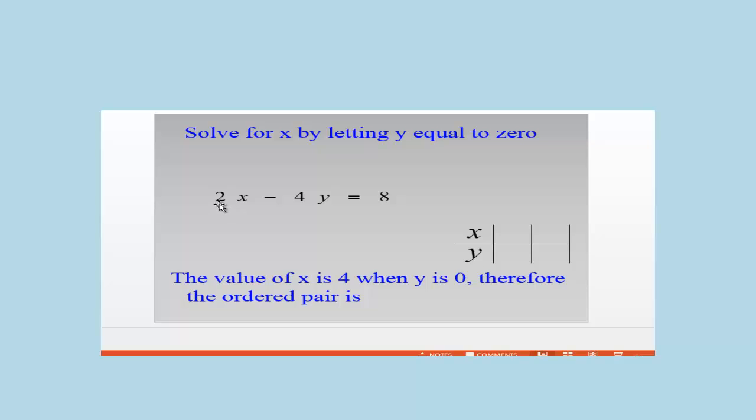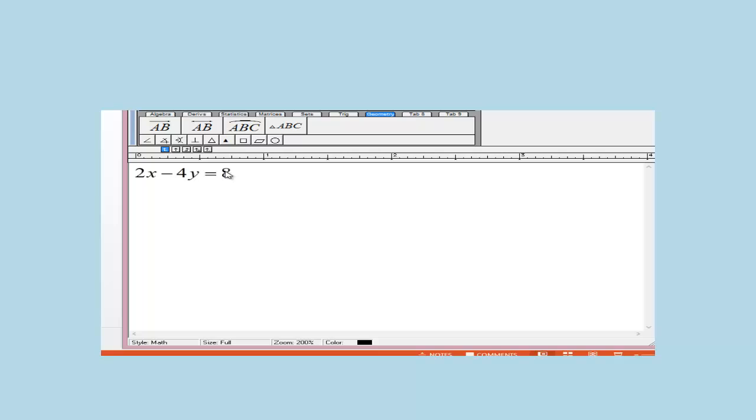The given equation is 2x minus 4y equals 8. Copy 2x. Since the value of y is 0, replace y with 0. Copy 2x. 4 times 0 is equal to 0. So we just copy 8.